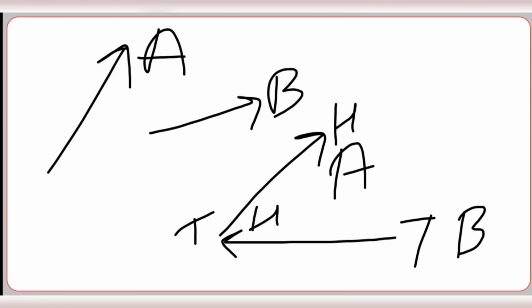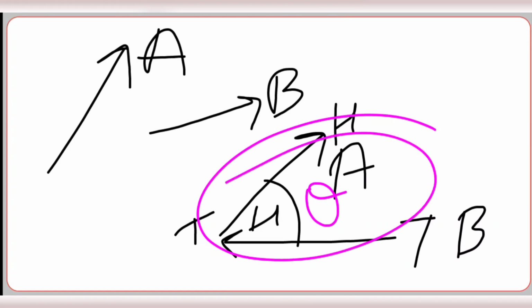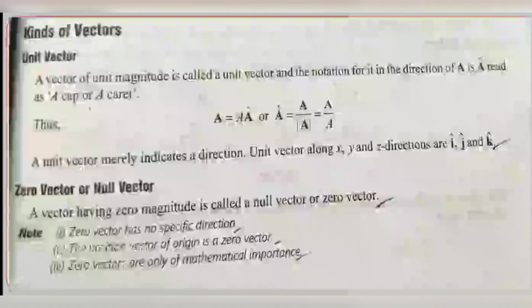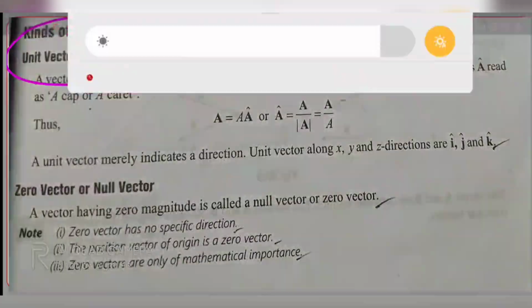After joining, the angle we get as theta will be around 0 to 180 degrees. Understood?